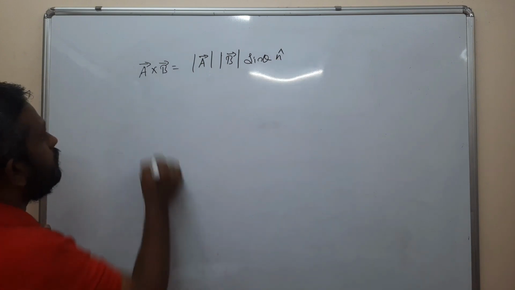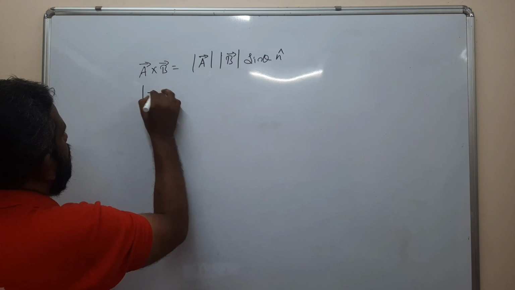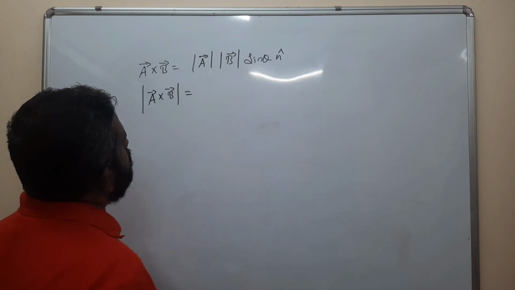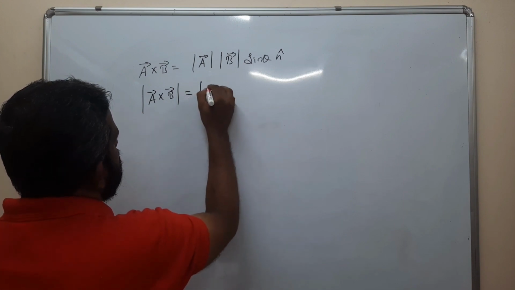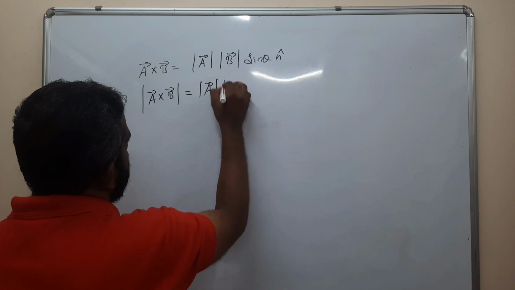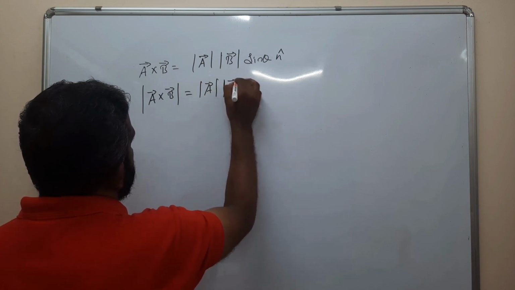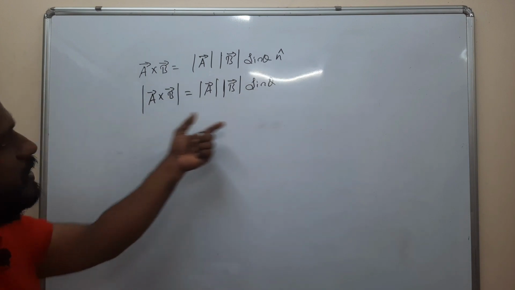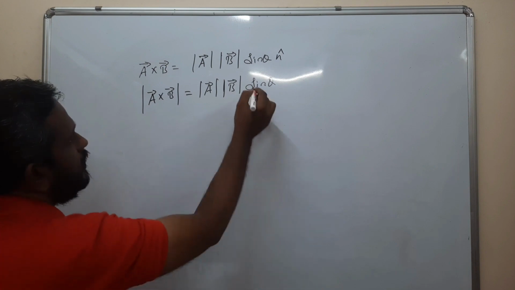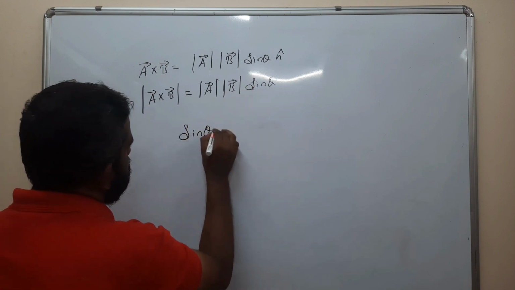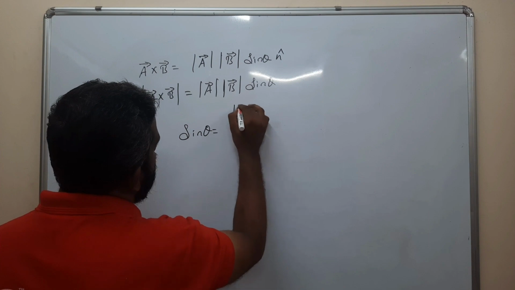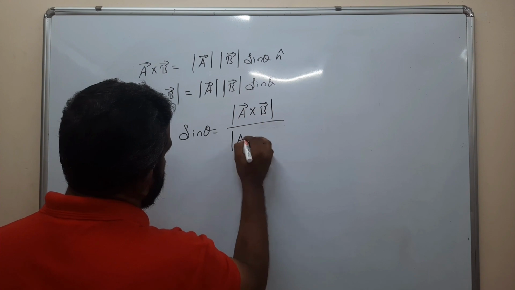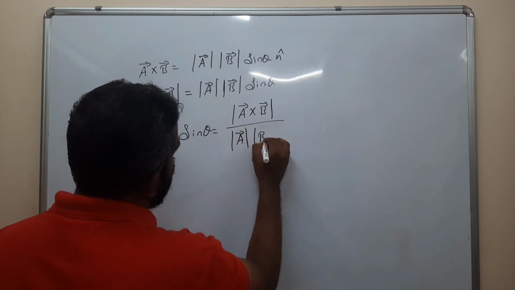So modulus of a vector cross b vector is equal to modulus of a vector, modulus of b vector into sin theta. When we take the modulus, the vector will change. So from this, sin theta is equal to modulus of a vector cross b vector divided by modulus of a vector into modulus of b vector.